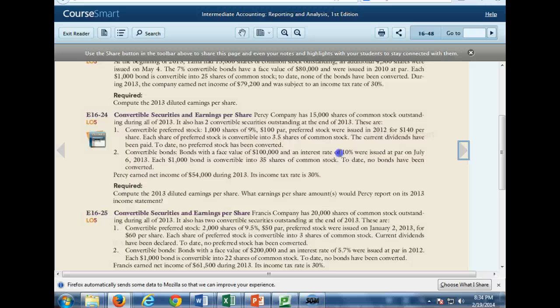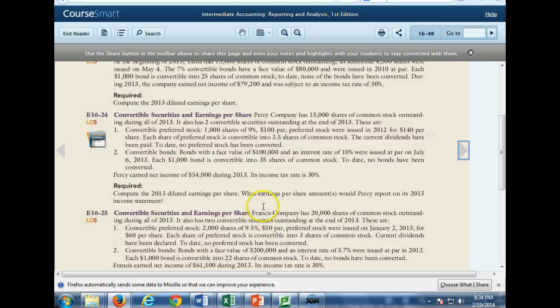What am I doing here? Bond interest for half a year. So basically, the 3,500 was the amount of potential shares that could be converted. So the 5,000 is the interest expense savings. Oh, okay. Never mind. Yeah, you're right.